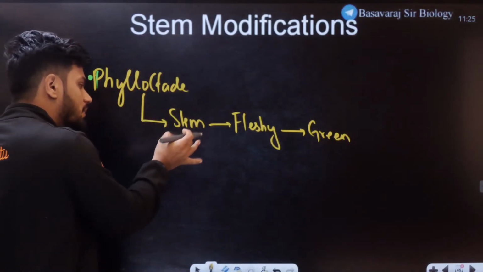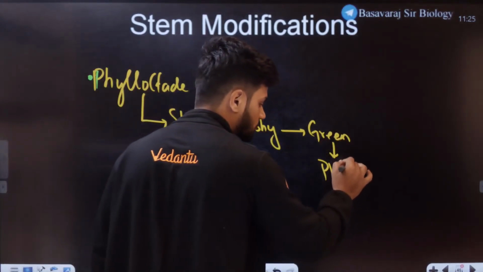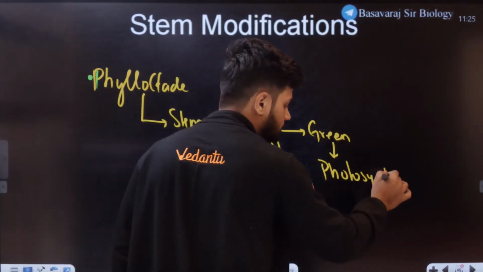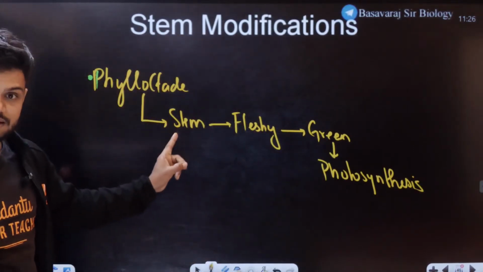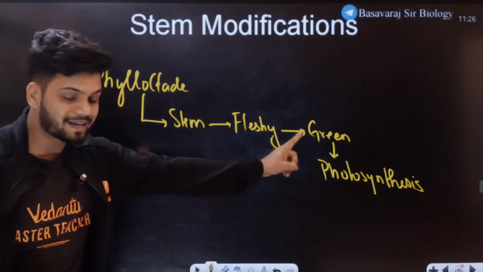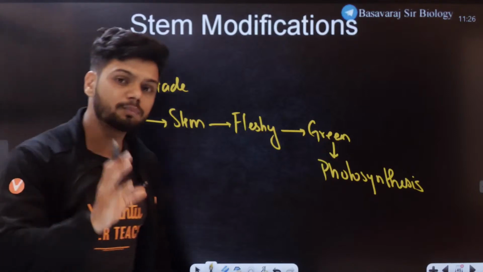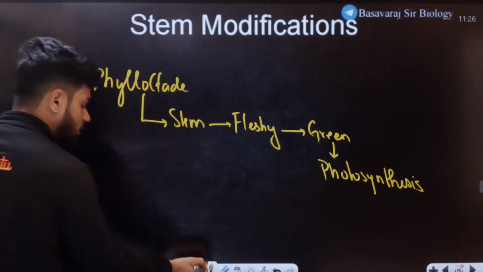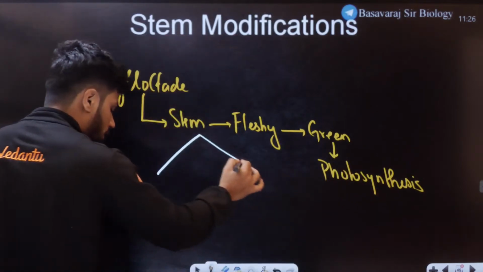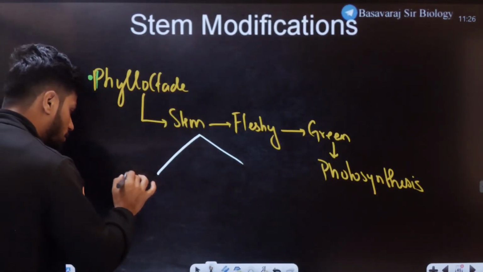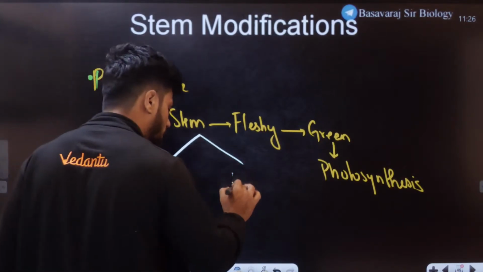Now this stem, which is green and fleshy, students, it can do photosynthesis. Now listen to me very carefully, all of you. Here there are two types of stem. Two examples. The first category is called opuntia. The second category is called euphorbia.